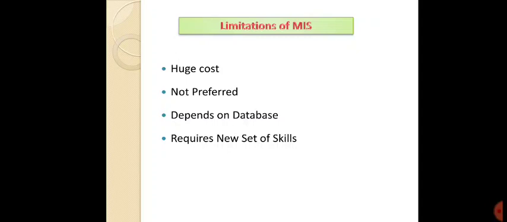Second limitation is not preferred. We can say database marketing has been primarily used as a tactical tool, and there is a possibility that MIS leads to less reliable and less secure data, and the MIS system may become slow and hard to manage. So it is not preferable all the time.